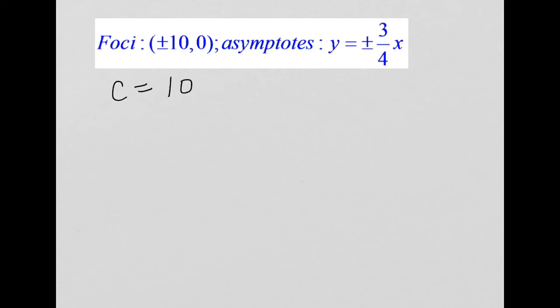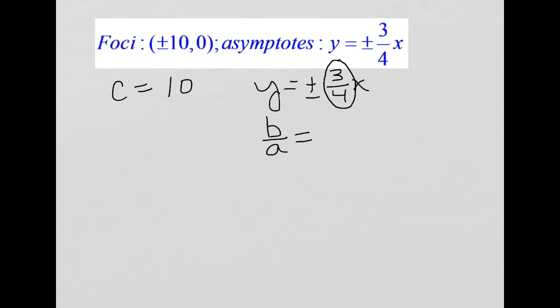And since we have our equation for our asymptote as y equals plus or minus 3 over 4 times x, because the foci tells us it's a horizontal, we know that our slope here is b over a.